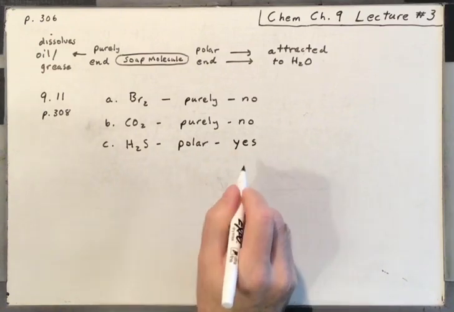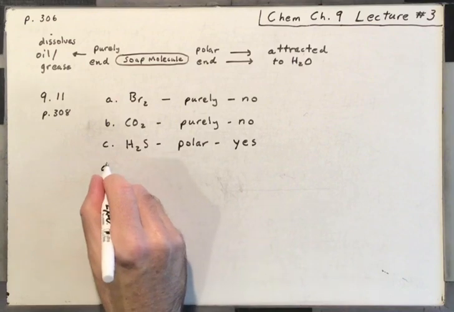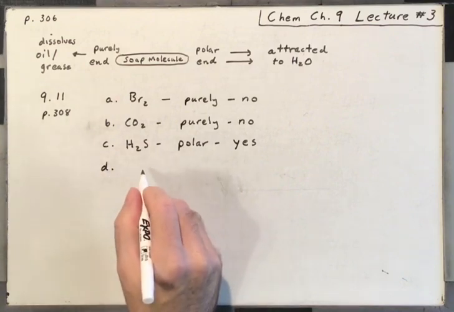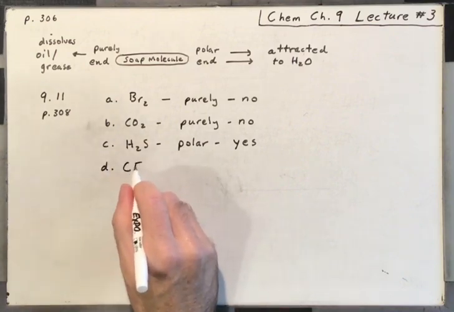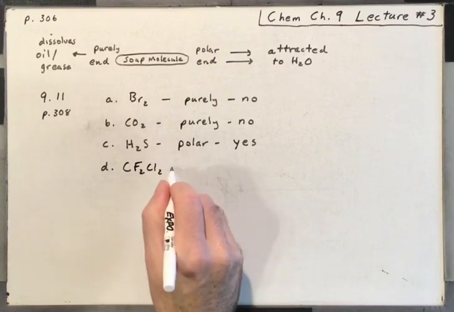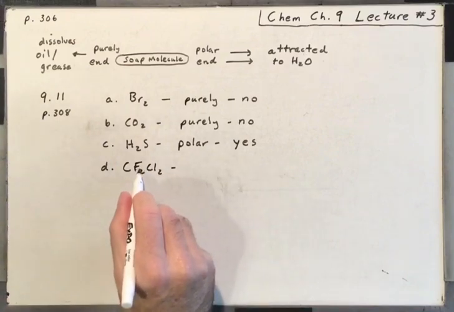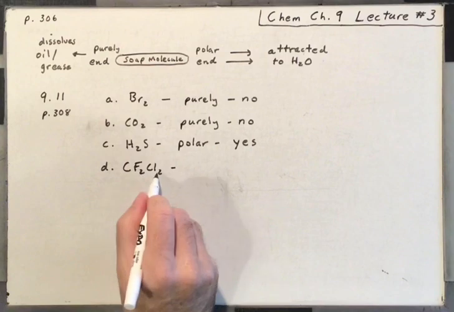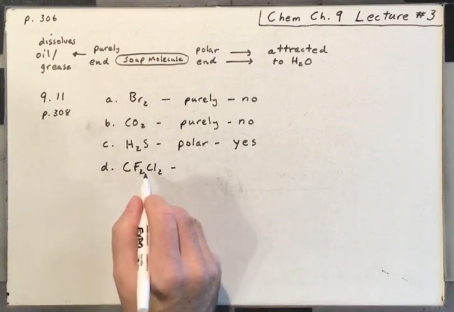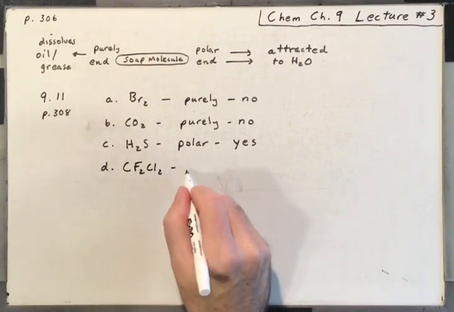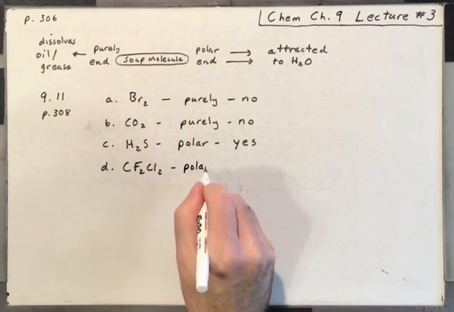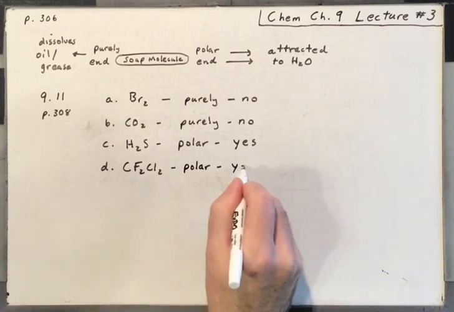Yes. It has to be polar to dissolve in water. CF2Cl2. We drew that, and the atoms did not cancel each other out. Those electronegativities were different. It was a tetrahedron shape, and it was polar. All right, so it will dissolve in water.